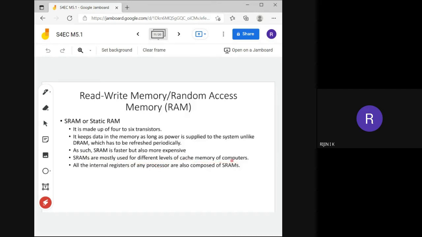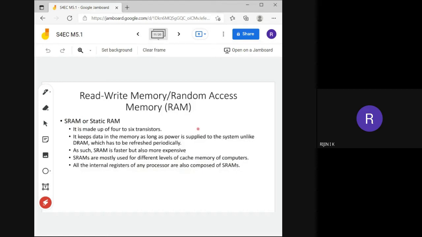All the internal registers of any processor are also composed of SRAM. So the registers in our processors and the cache memories are designed using SRAM.